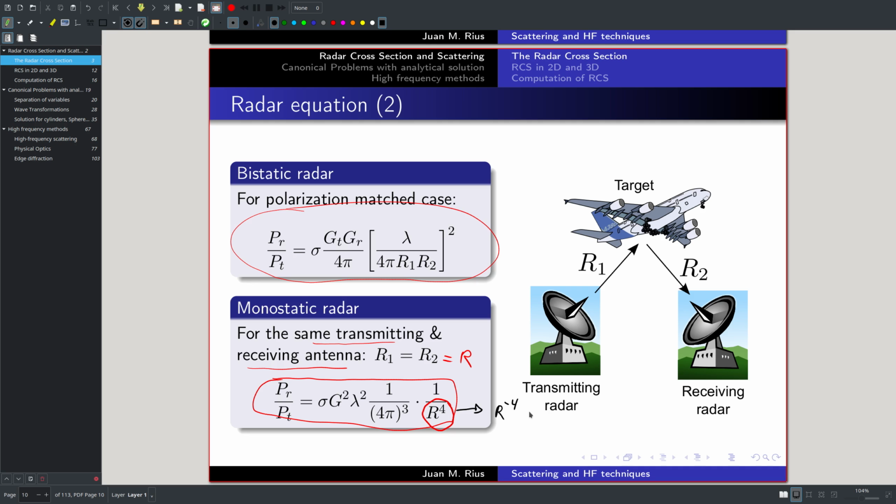But the radar also has to transmit a lot of power, usually hundreds of megawatts, I repeat, and the gain of the antenna is very large, like 40 dBs or something like that. So if we combine a very large antenna with a very large transmitted power, we can still detect radar targets at hundreds of kilometers of distance.